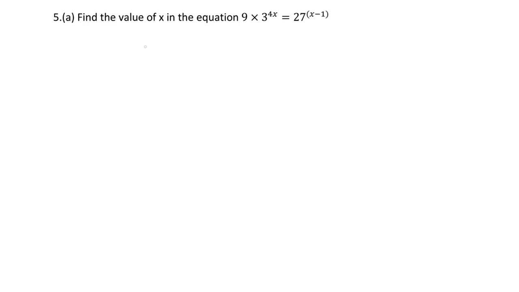Then our equation is going to be 3 squared times 3 power 4x equals 3 power 3 in brackets x minus 1. Okay, so next let us combine the exponents for our left hand side. Then we are having 3 power 2 plus 4x equals 3 power 3 in brackets x minus 1.